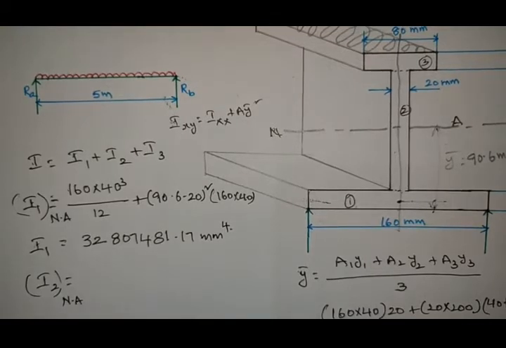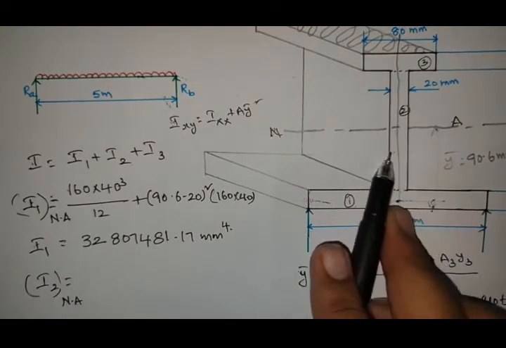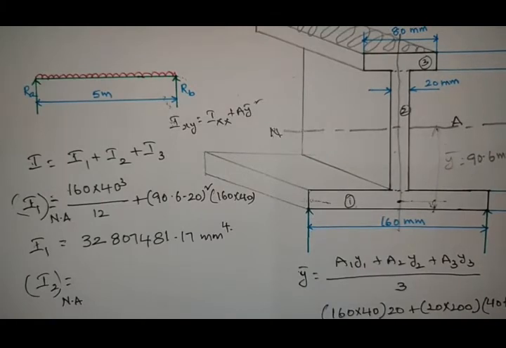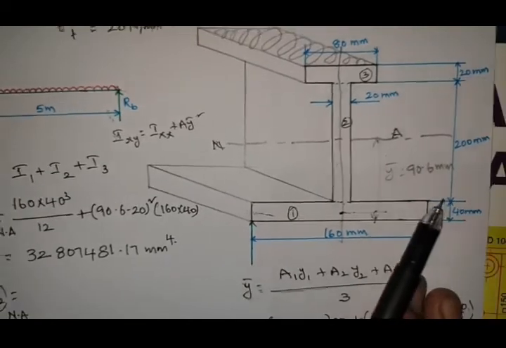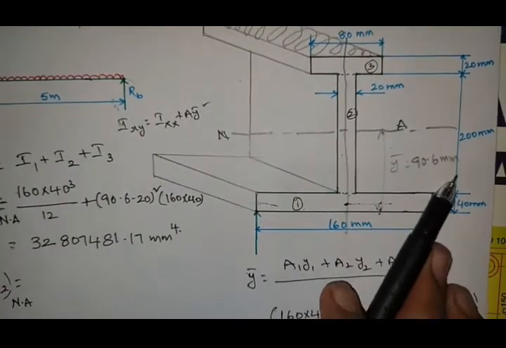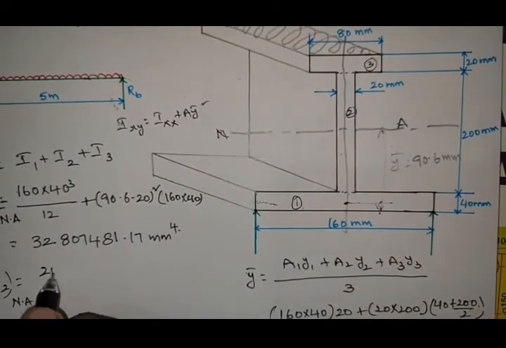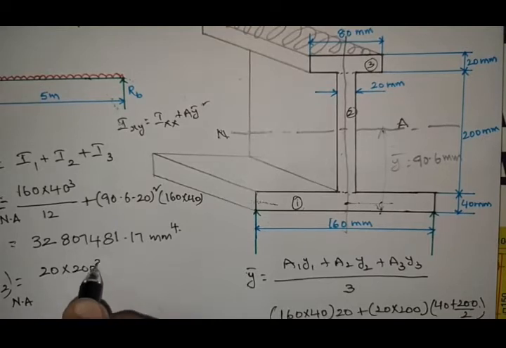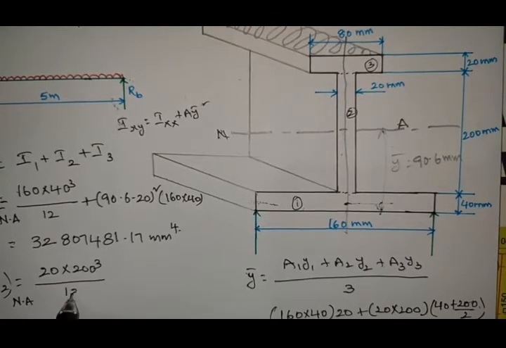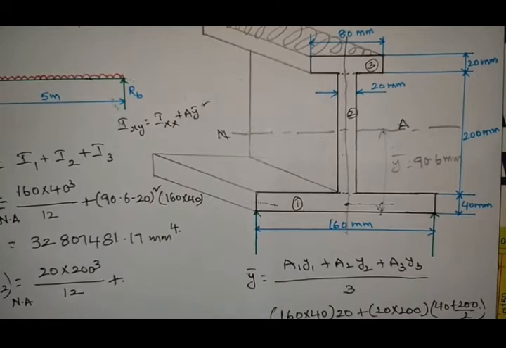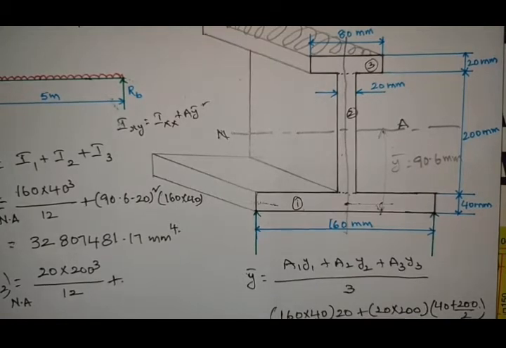So that will be equals to, so B value is 20 mm and what is the D value? 200 mm. So 20 into 200 cube by 12 plus, what is the centroidal axis distance?